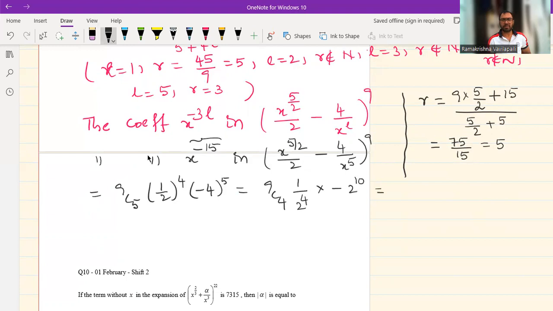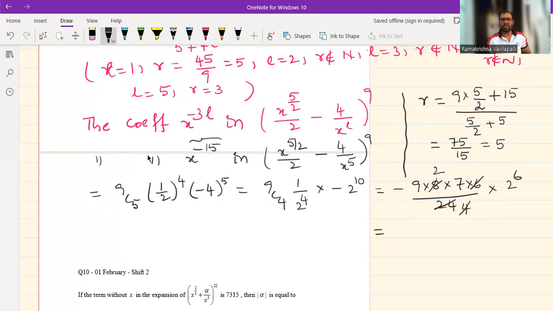So this is equal to negative of 9 into 8 into 7 into 6 by 4 factorial, that is 24, into 2 to the power of 6. So this is 6 fours and 4 twos.